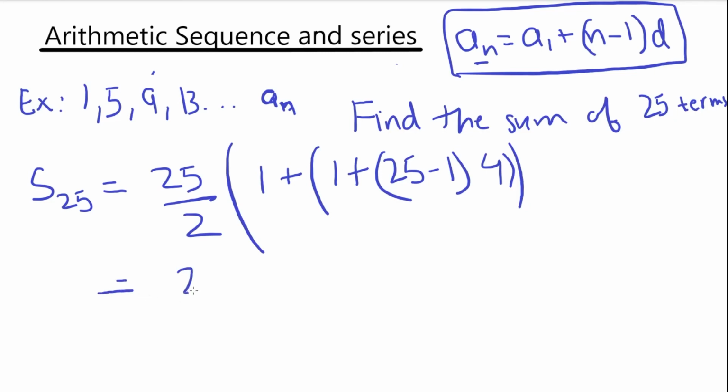So in this case, 25 over 2 multiplied by 2 plus 24 into 4, which is 96.